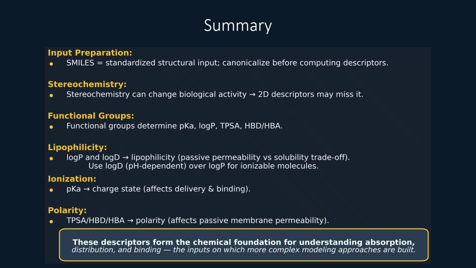From there, we examined core descriptors that emerge from functional groups: pKa, logP, logD, TPSA, those things. LogP captures the intrinsic lipophilicity of the neutral form, while logD extends that concept to a specific pH, accounting for ionized species, which is actually what matters most in biological systems.